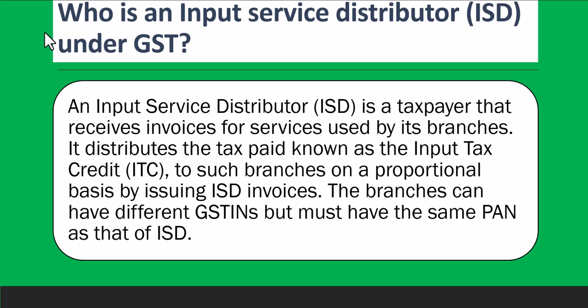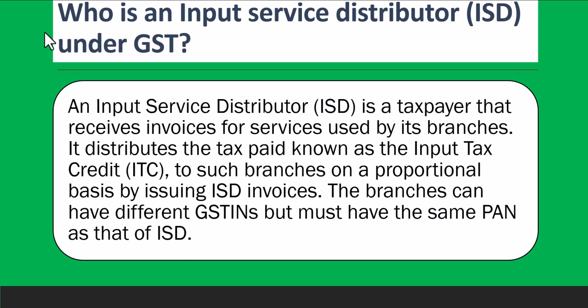So who is the input service distributor in my example? The head office of Vodafone Idea. And who are the branches? All the branches like Delhi, Mumbai, Maharashtra, Kerala. Everybody has to bear those expenses, and they can take the input credit proportionately on the basis of the debit notes or the invoices raised by the head office. Now just read this again.